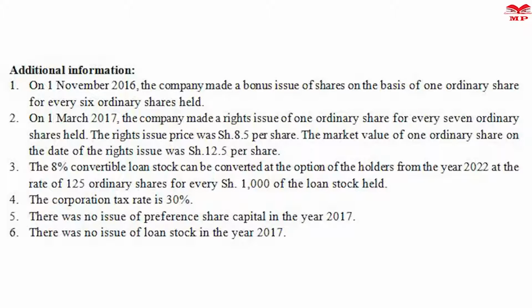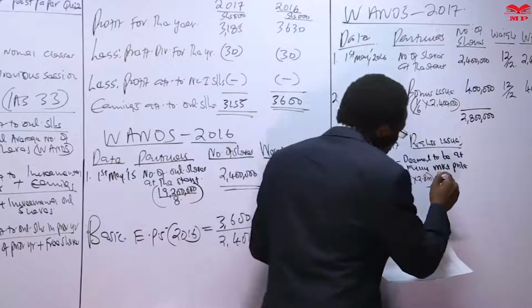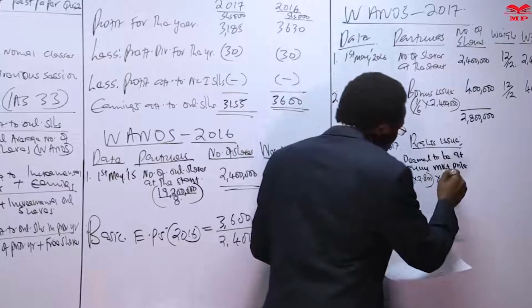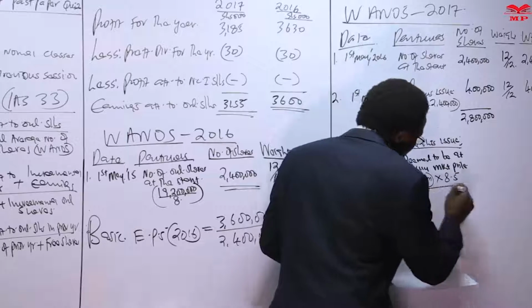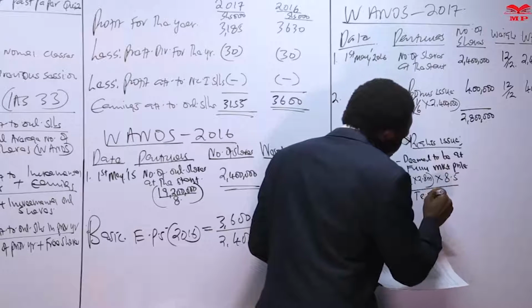The rights issue price was 8.5 per share, and the market value on the date of the rights issue was 12.5 per share. That means we need to multiply the 400,000 shares by the 8.5 issue price, then divide by the theoretical ex-rights price.